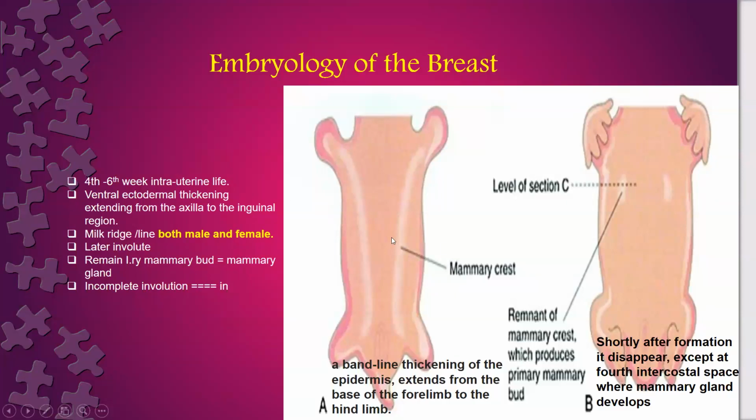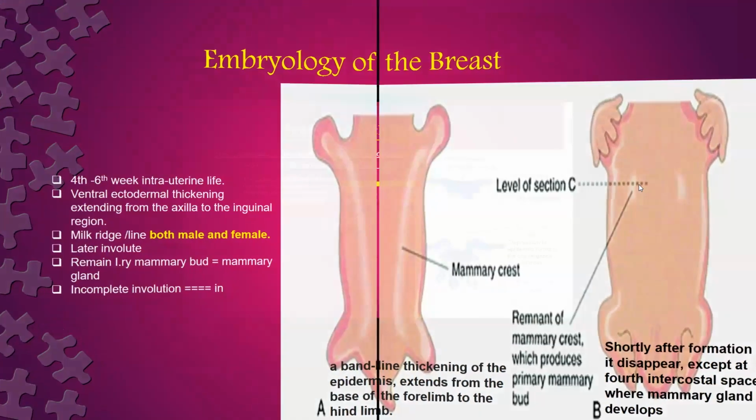Shortly after they develop, they regress. They disappear except for a small area projecting over the chest wall, which represents the primary mammary bud. Okay, this happens in the embryo, girl and boy, the same way.